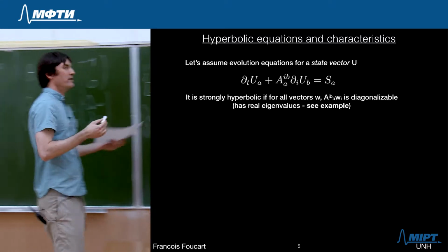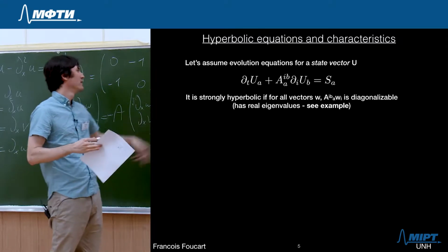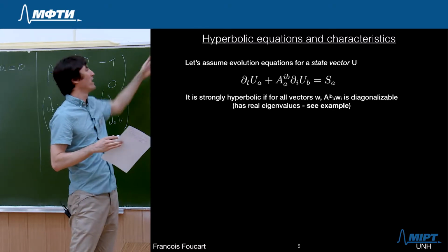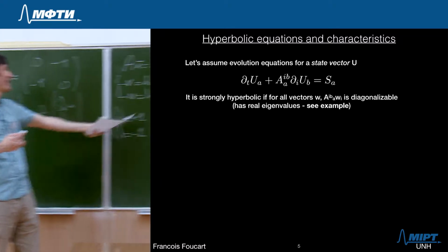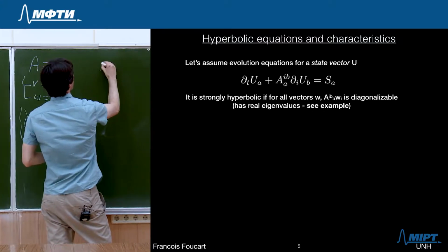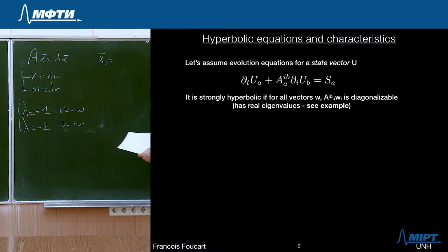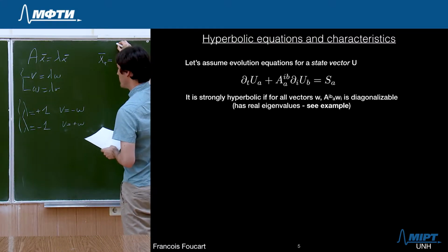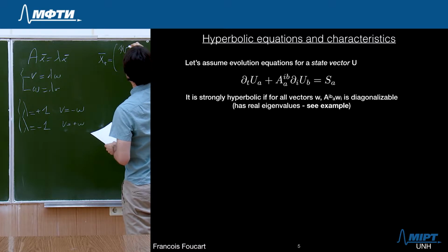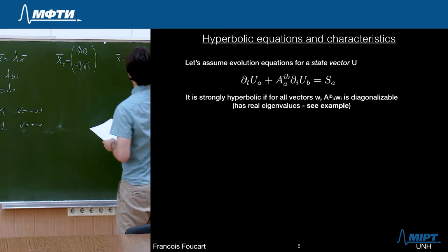And the mode that is actually propagating at the speed lambda is the eigenmode of the matrix A which has that eigenvalue. So I have a mode, say, x plus, which is in these coordinates, if I normalize it, 1 over square root of 2 and minus 1 over square root of 2, and a mode x minus.